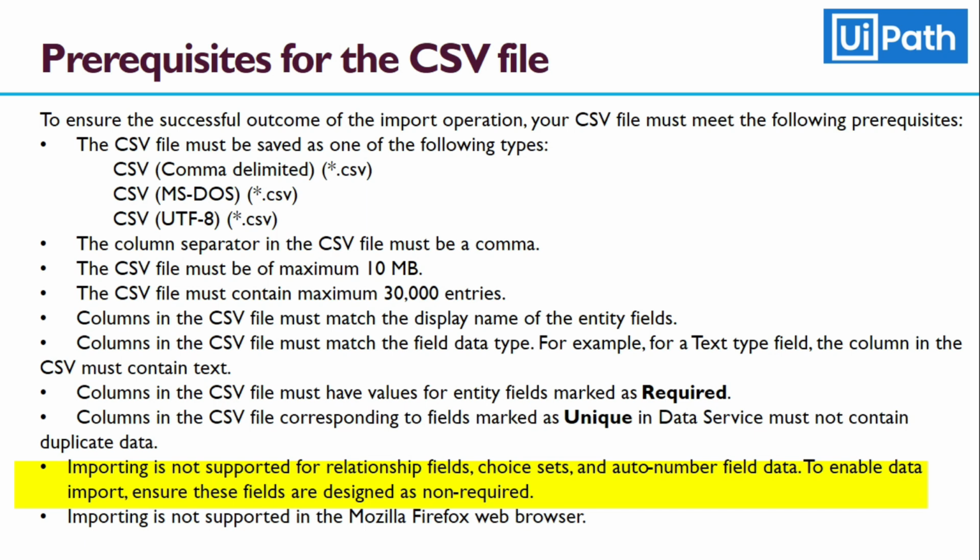For relationship fields, you remember, we select from the drop down and it links to the field in the other entity, so whatever value you pass will not be updated in the data. For choice sets also, we can only select from the drop down; we cannot pass values ourselves from the data. So it will just go as blank. Make sure these are not selected as required.